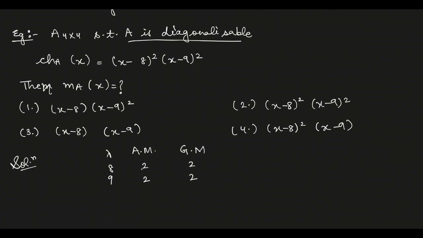Now for lambda equal to 8, I will partition this how many times? Till the number of GM, 2 times. So 1 plus 1. Highest factor is 1. So x minus 8, and similarly for lambda equal to 9.